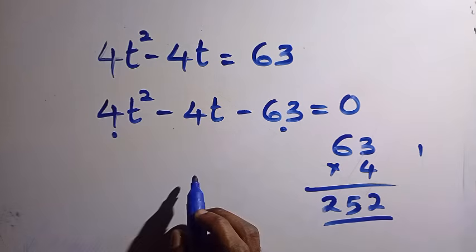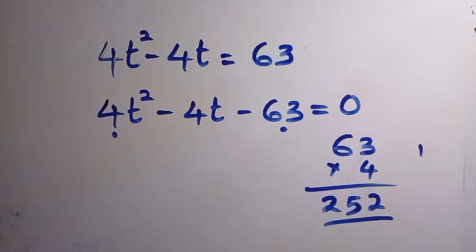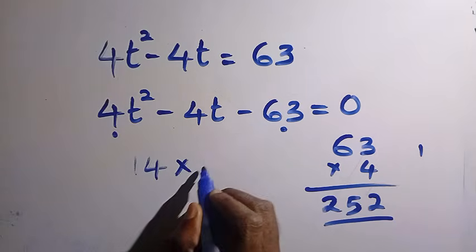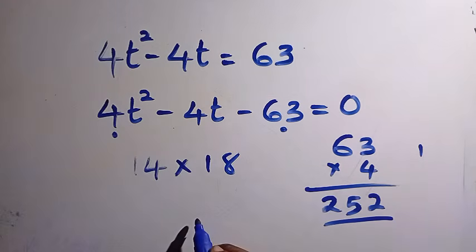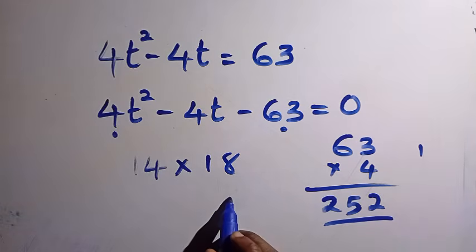So the two numbers that work best for this are, let's say, 14 multiplied by 18. Let's multiply this together. We have 8 multiplied by 4, that is 32.